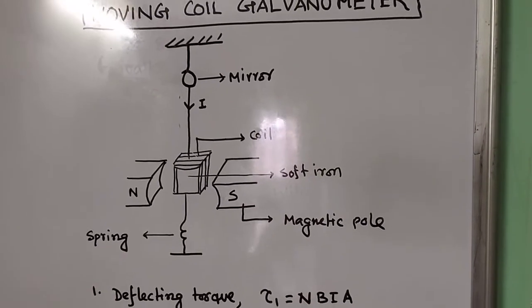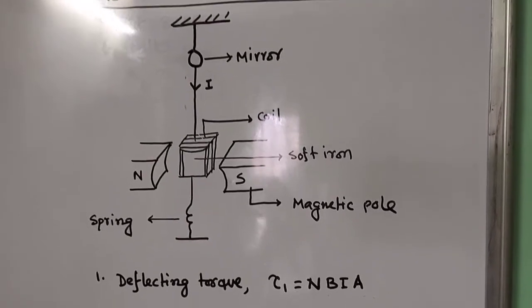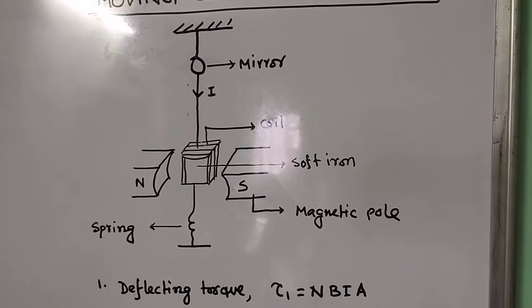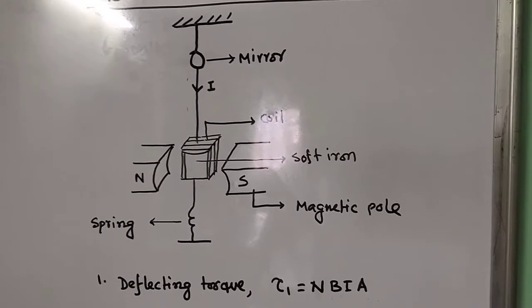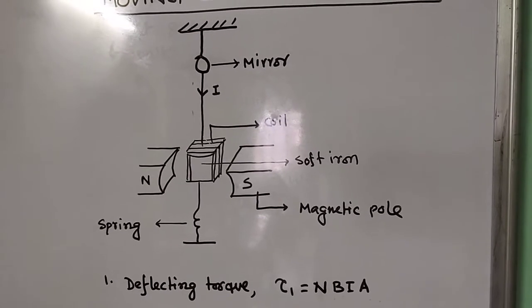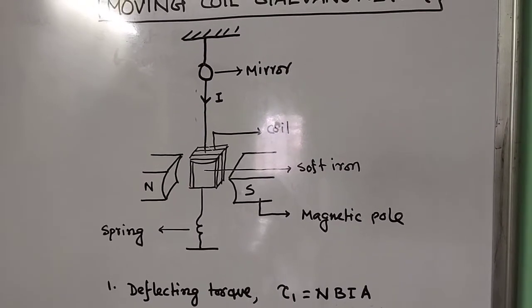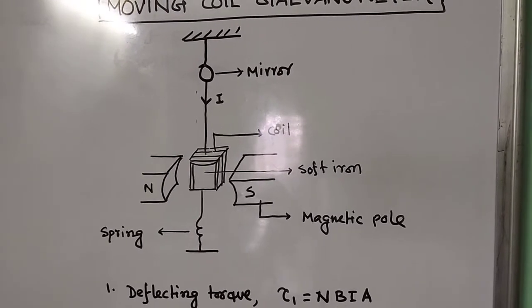Now as the base of the coil is fixed with a spring, so what will happen? The coil will deflect, but due to the presence of the spring, it will not be able to deflect fully. So what will happen, on the spring, you can say some kind of twist will occur.